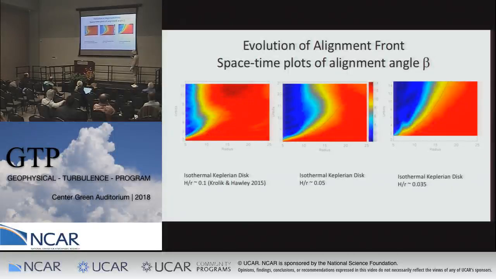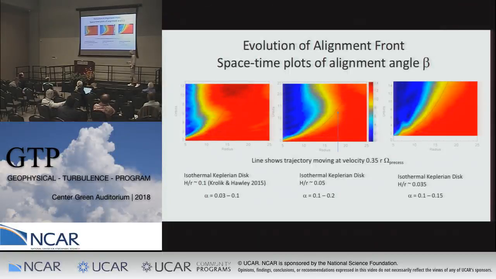And then the thinner case, because I was using up all my time on the computer, didn't run quite to a steady state. So that line there shows the outward going alignment front moving at a velocity proportional to the predicted velocity.